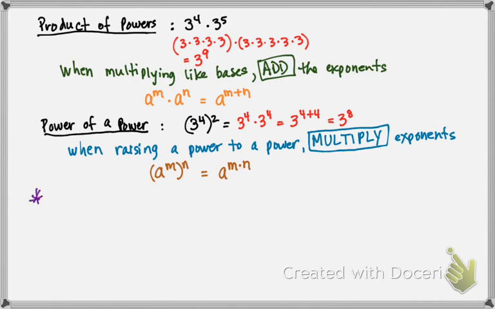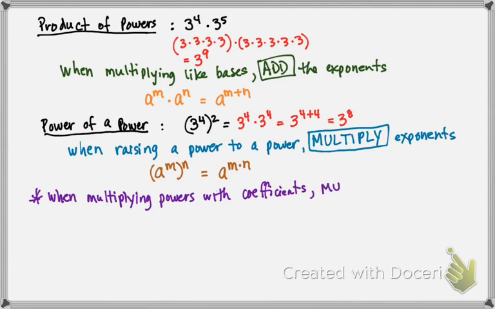So when multiplying powers with coefficients, you're going to multiply the coefficients.